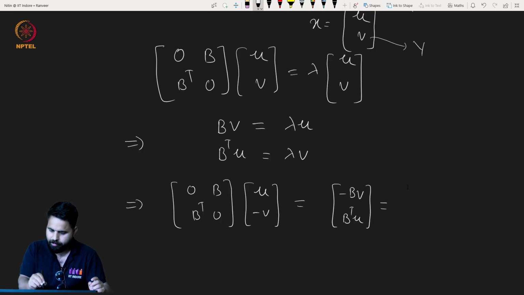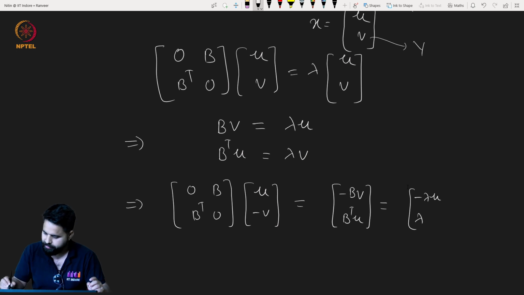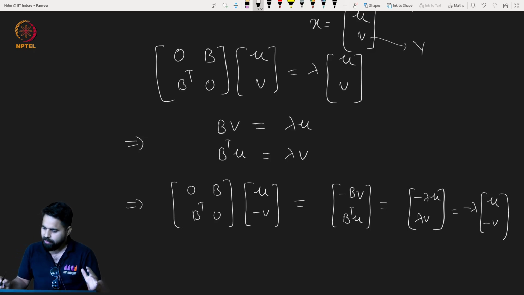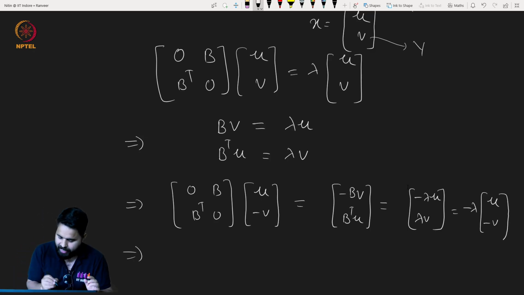Now minus Bv I can write as minus lambda u, and B transpose u I can write as lambda v. Great, so I can take minus lambda outside, and this is nothing but (u, minus v).